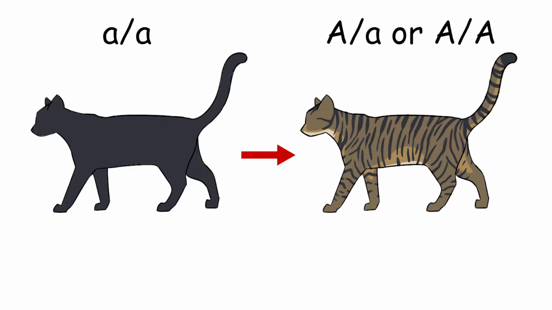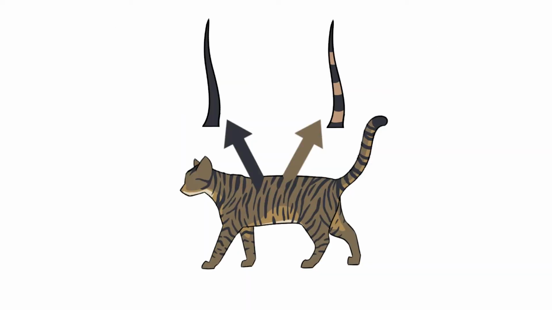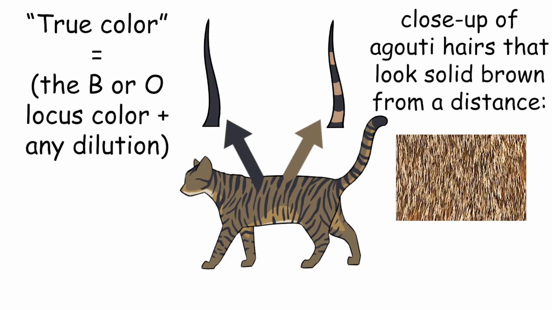This is because of the aforementioned pheomelanin bands along the hair shaft that make the cat look a little bit redder. This means a tabby is not a light cat with dark stripes, but a dark cat with light between the stripes. The stripe hairs are the quote-unquote true color of the cat. Some places just appear lighter due to us seeing the banding from far away.